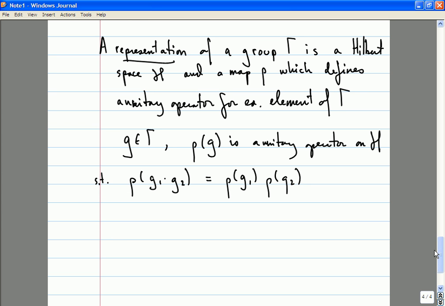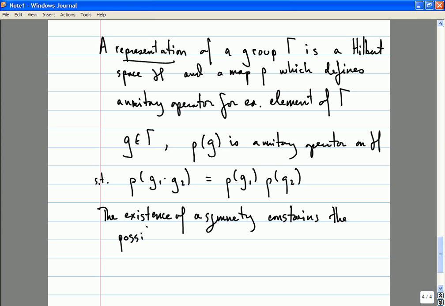The reason that it's useful is that the existence of a symmetry then constrains the possible Hilbert spaces. And, of course, the possible Hamiltonians.